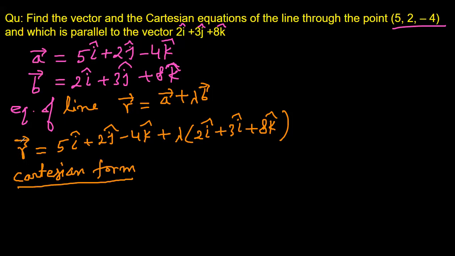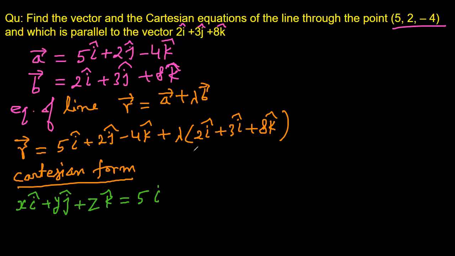R is a general point, so its position vector is x i cap plus y j cap plus z k cap. In place of r, we write this, equal to the right-hand side.